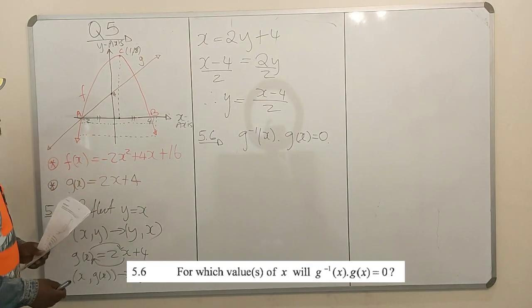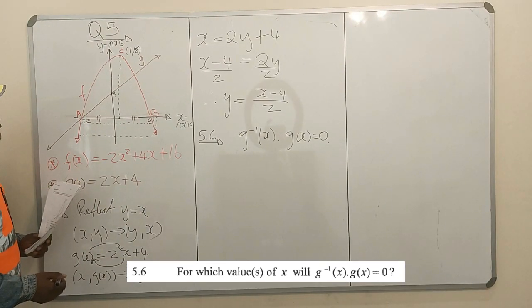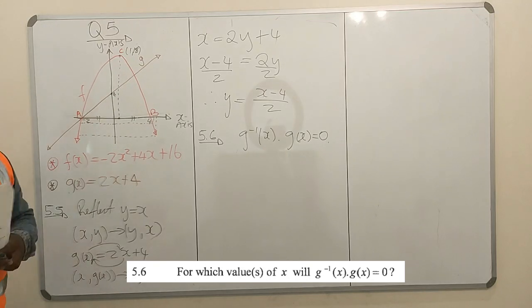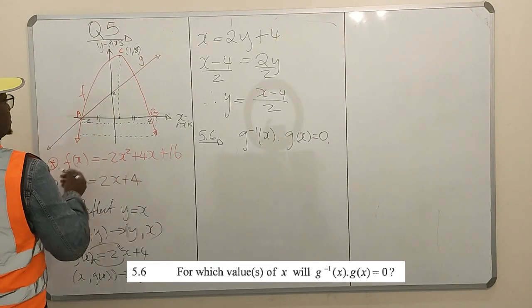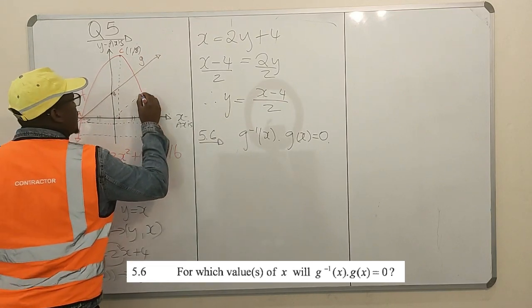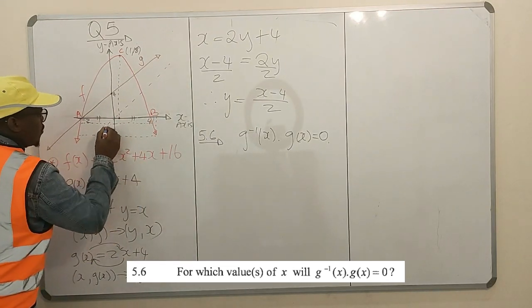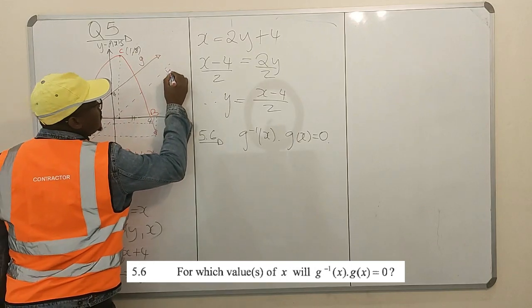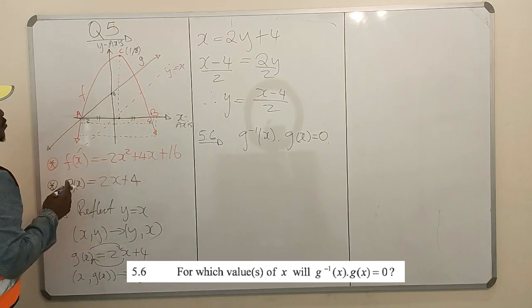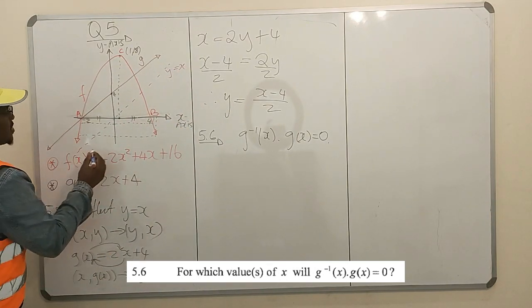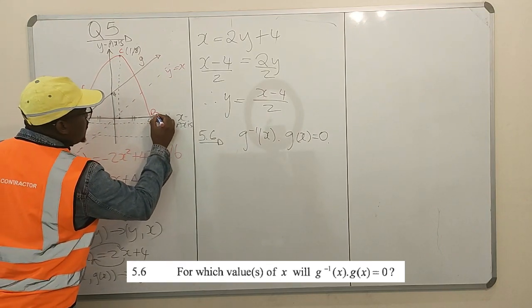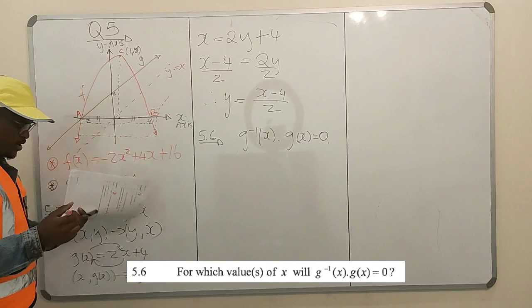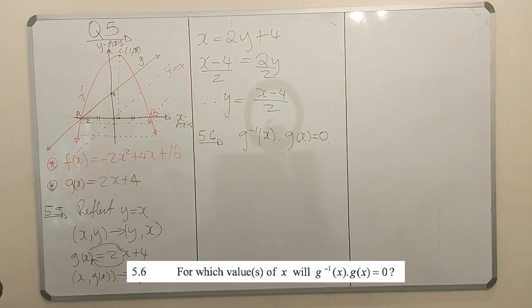Let's say we reflect about this line here, y is equal to x, this is y is equal to x, right? Reflect this about this line y is equal to x, and it will move somewhere here. Let me use another color.